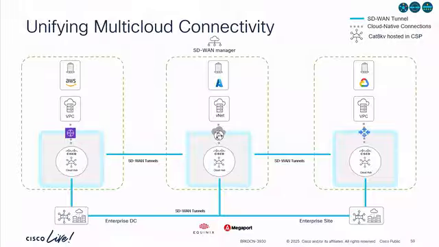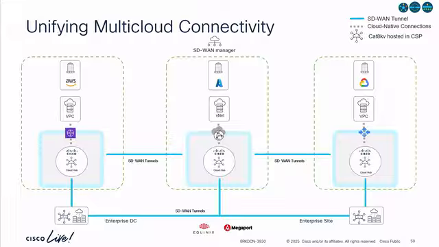So I have SD-WAN managers sitting here, and I have direct integrations into Amazon, Azure, GCP. I don't illustrate Ali Cloud, but I also have that as part of the workflow process here. And on a manual basis, we can integrate with Oracle or OCI as well.